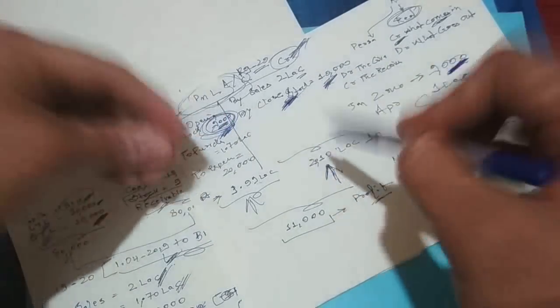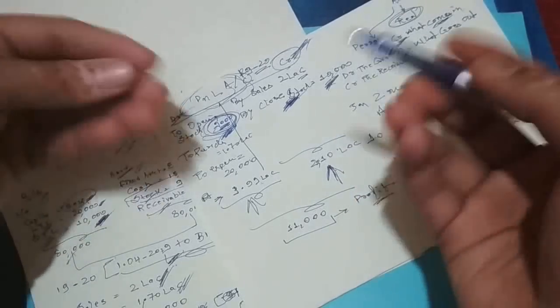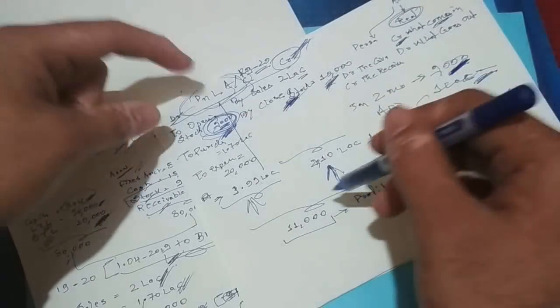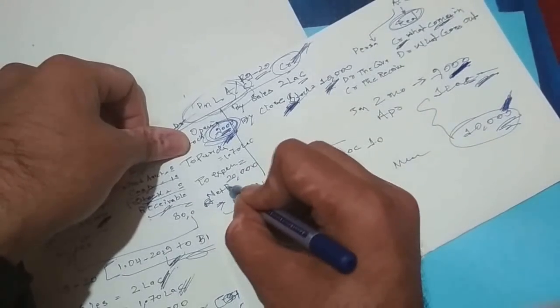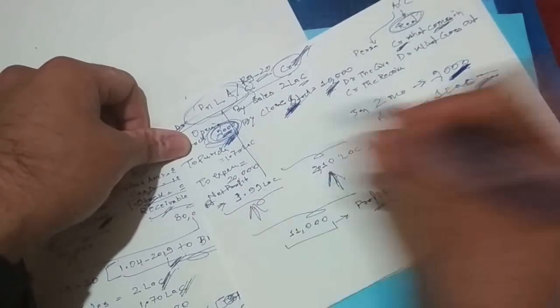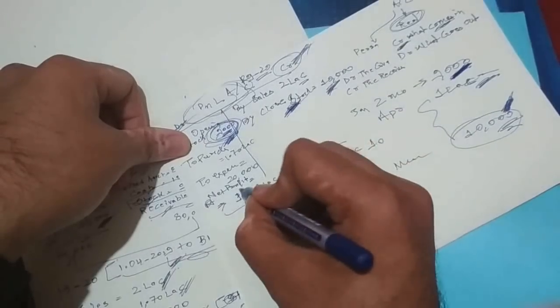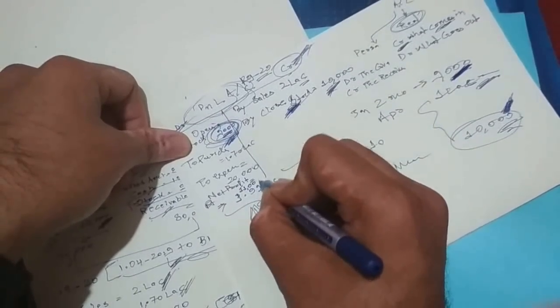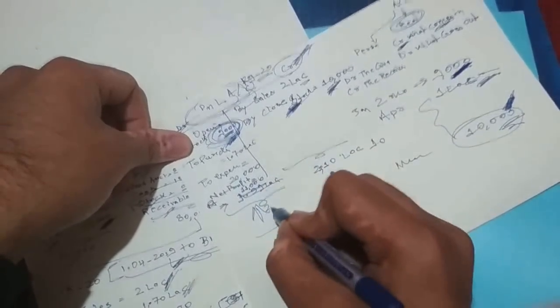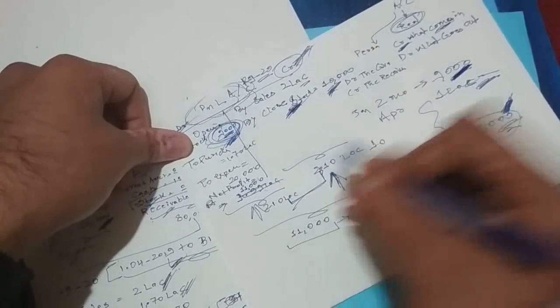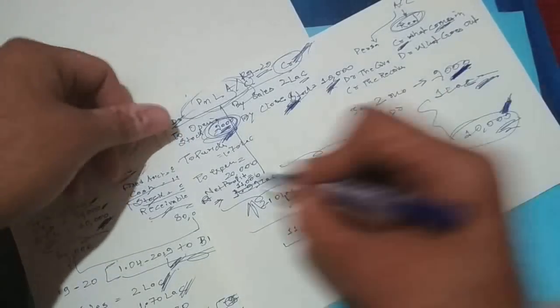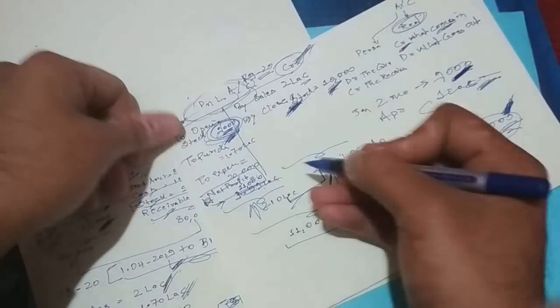But since we know that for every account everything is balanced, we have to write here net profit 11,000 rupees. So now we can write 2.10 lakh, and these 2 are balanced. So here the profit is 11,000 rupees.